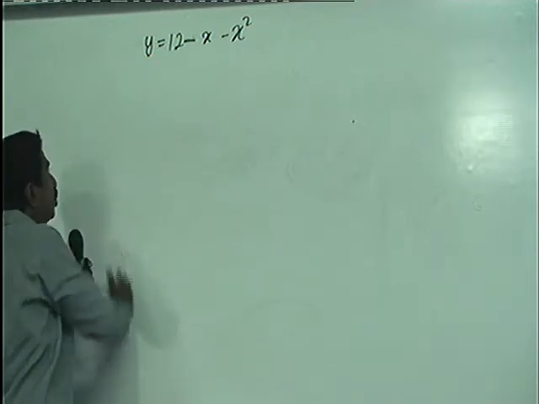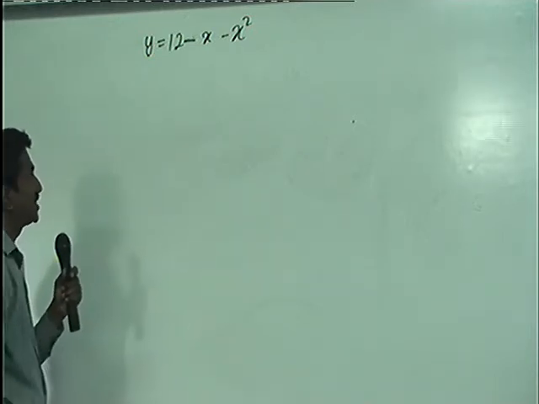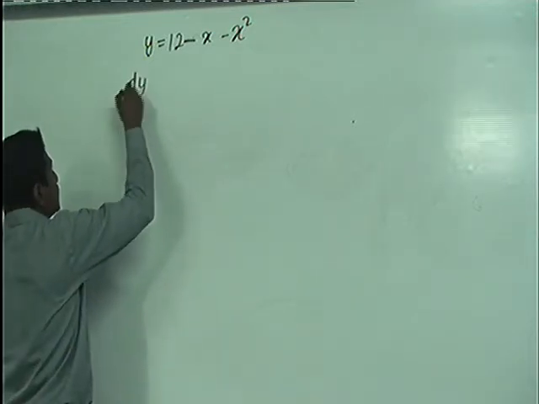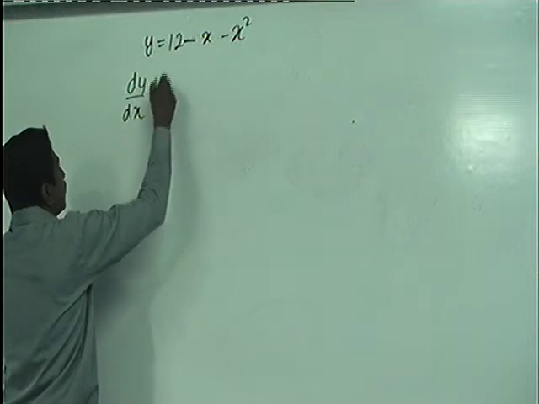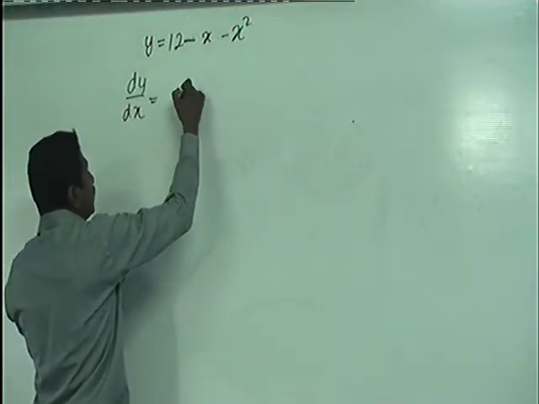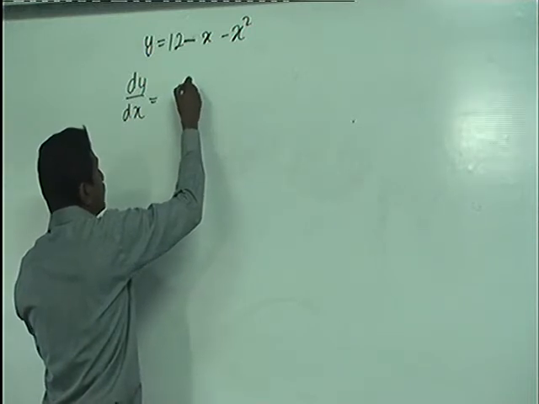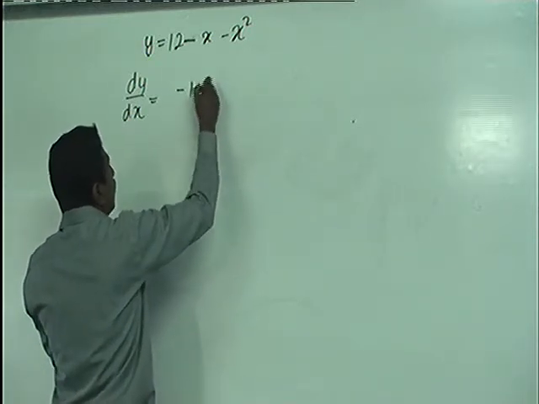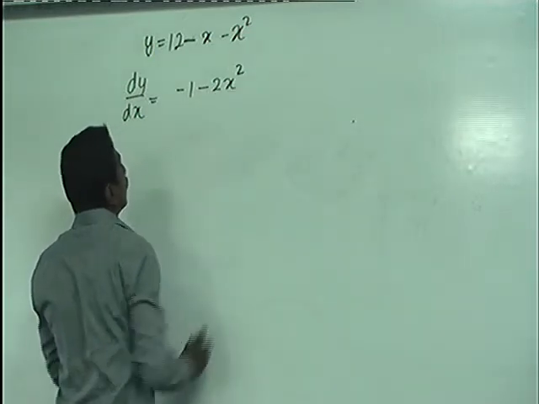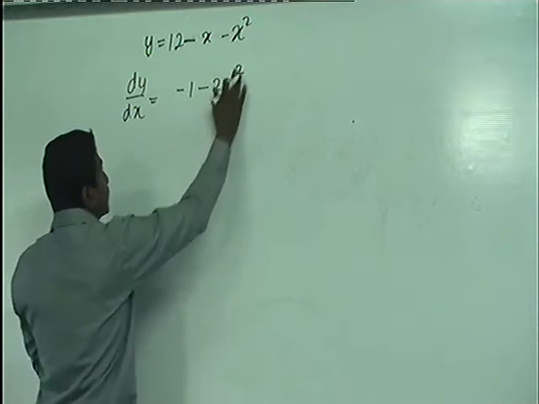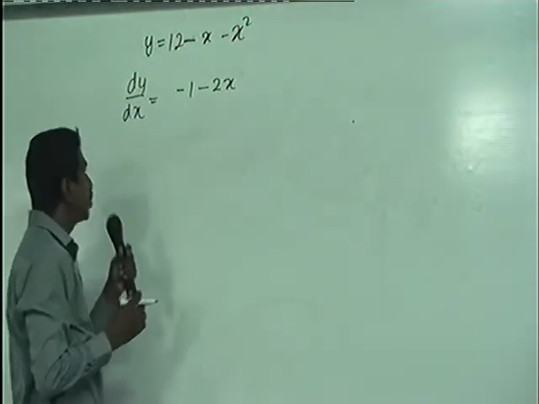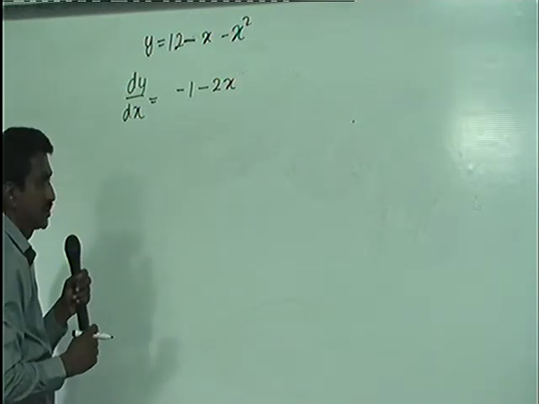How are we going to do it? I need to calculate the first order differentiation, dy by dx. When you differentiate 12, that is 0. When you differentiate minus x, that is minus 1, and minus x squared gives minus 2x. So dy by dx equals minus 1 minus 2x.